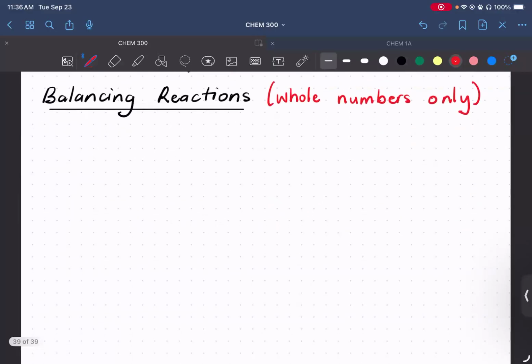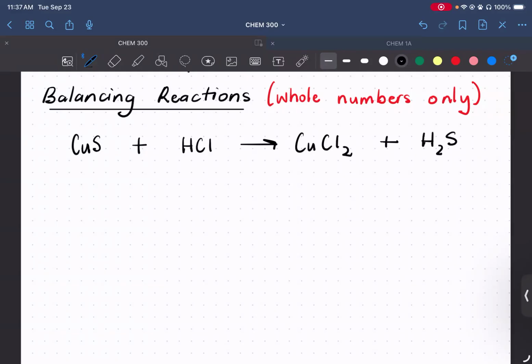Let's take a very simple generic reaction. Shown here, we have the reaction between copper sulfide plus hydrogen chloride to give us copper chloride and dihydrogen sulfide. We don't know fully yet what this exactly means.